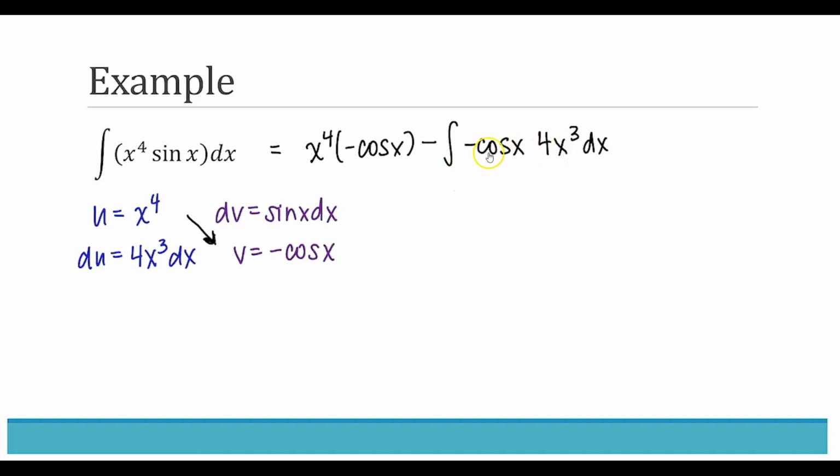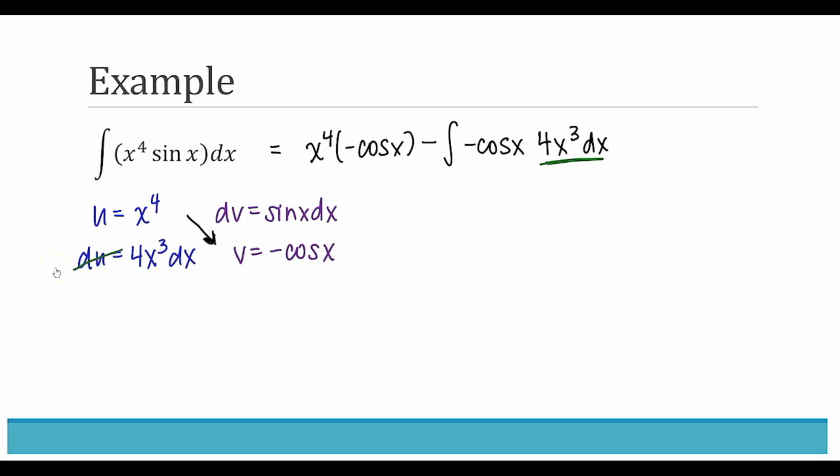Now, the resulting integral is also going to require an integration by parts. I'm not going to multiply this together right now. I'm just going to move ahead to my next integration by parts. Now, I would have to let u in this next integration by parts be 4x cubed. So notice that 4x cubed was my du for my previous problem.